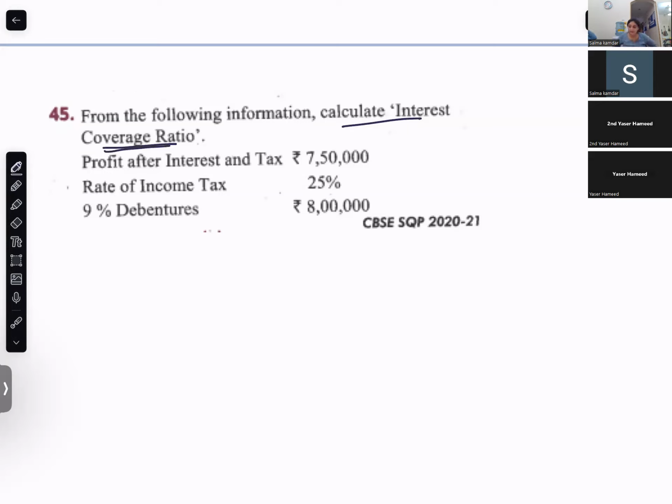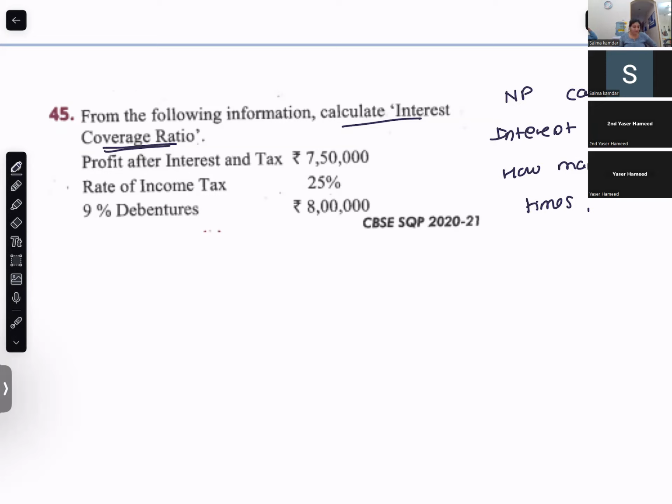How much net profit can cover interest expense? How many times? Please write along with me. That means with the profit that I earn, I can pay interest how many times?